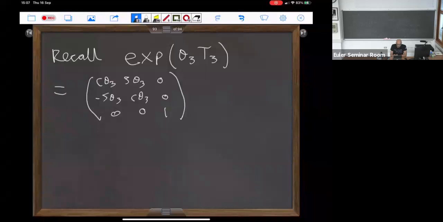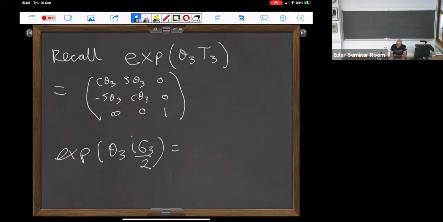Now we can compare that to the corresponding matrix which corresponds to exactly this same rotation, but now in the two-dimensional representation. To do that, we write down θ3 multiplied by the corresponding generator, and that generator is I sigma 3 over 2, which is exponential of θ3 times the matrix I, 0, 0, minus I, over 2.